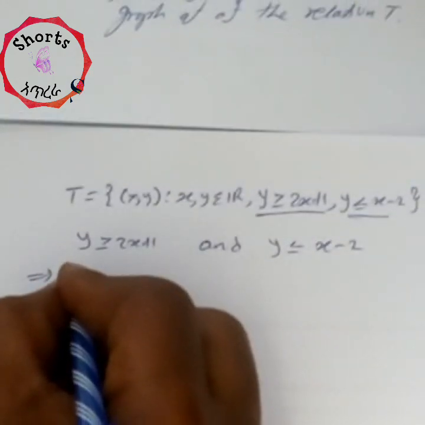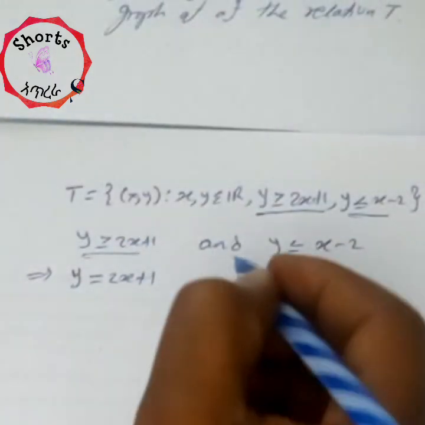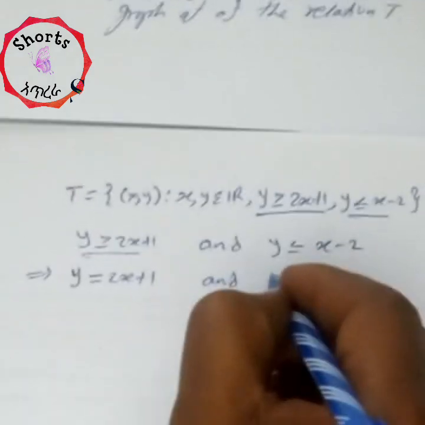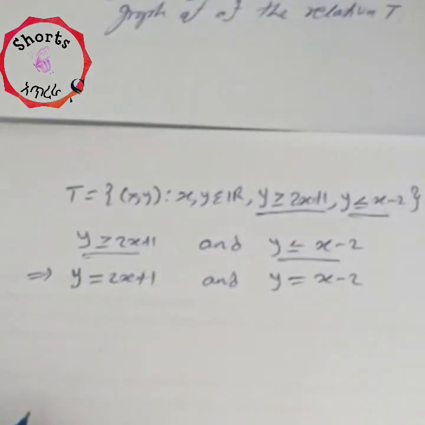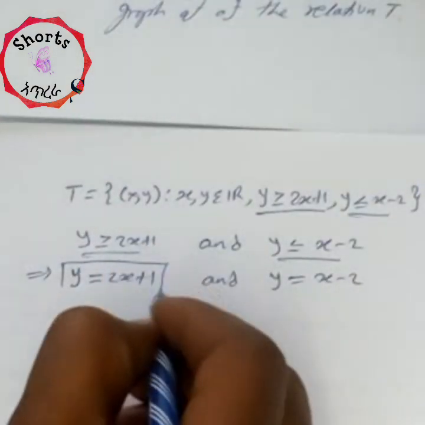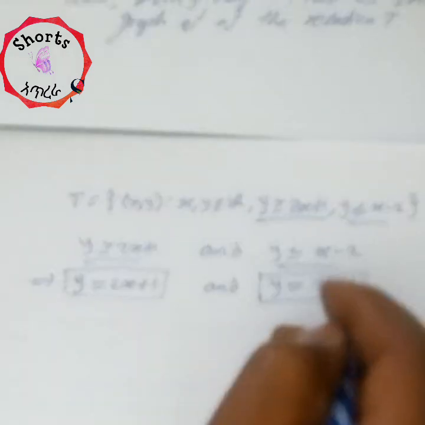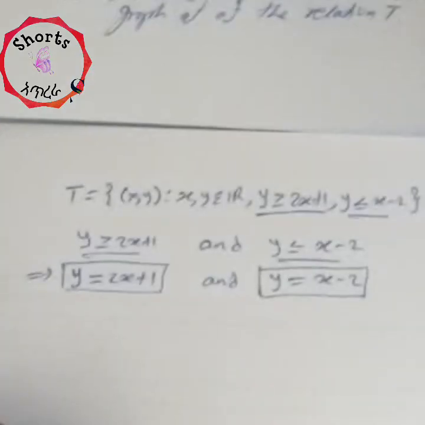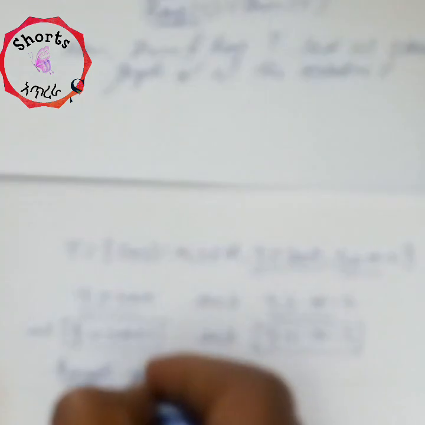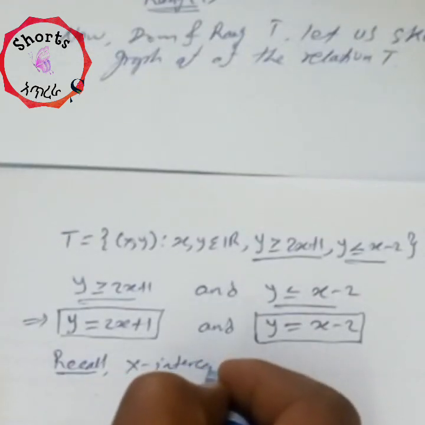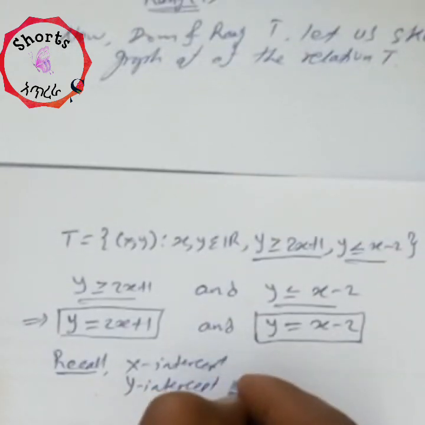Let's consider y equals 2x plus 1 from the first inequality, and y equals x minus 2 from the second inequality. As you can see, these equations are linear functions. Therefore, to sketch the graph of a linear function, it is important to recall the x-intercept and y-intercept of linear functions.